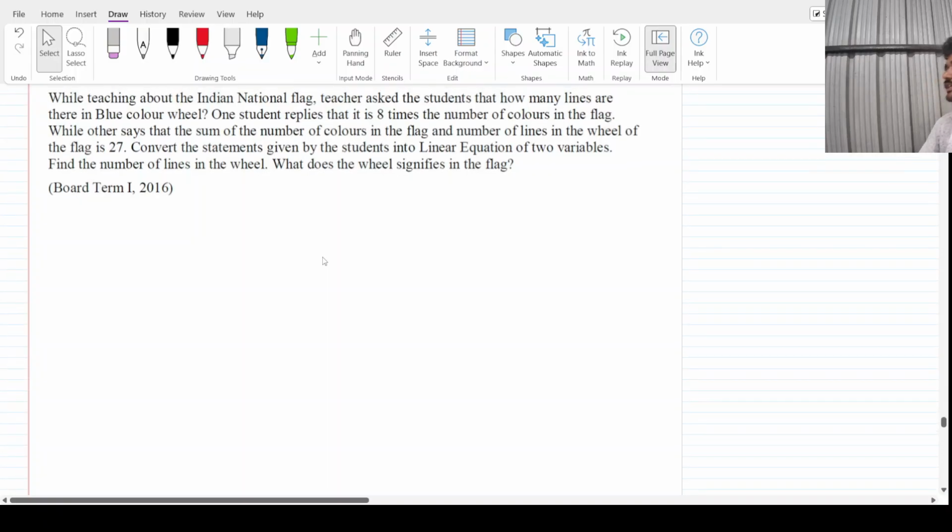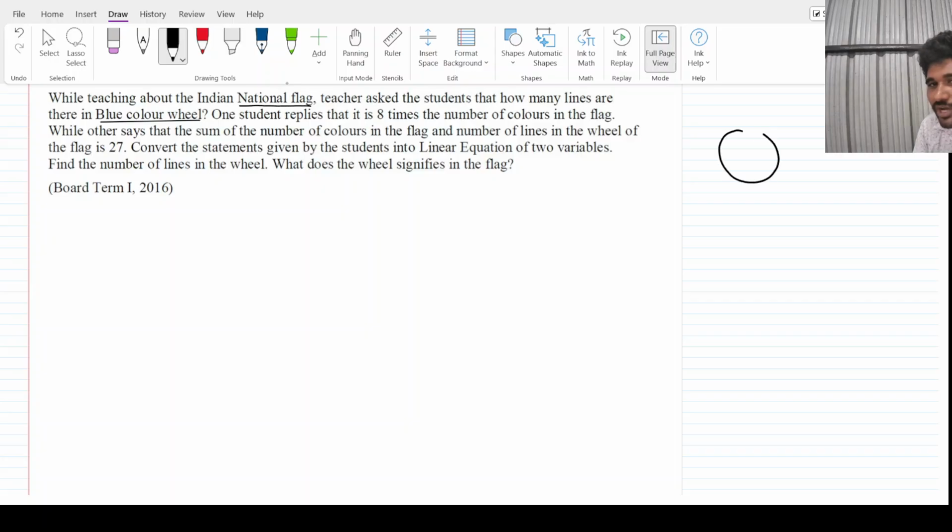Let's see this question. While teaching about the Indian national flag, the teacher asked the students how many lines are there in the blue color wheel. One student replied that it is 8 times the number of colors in the flag.